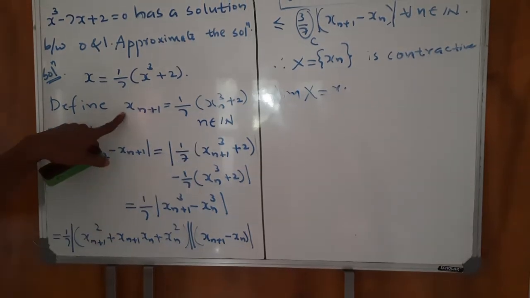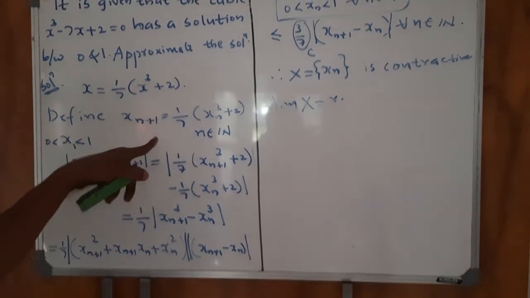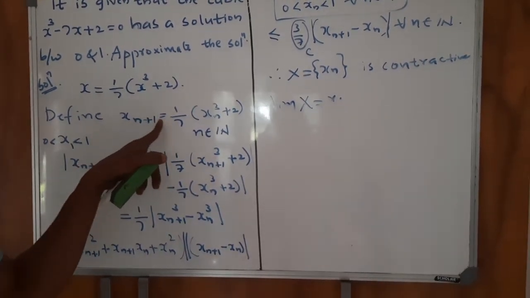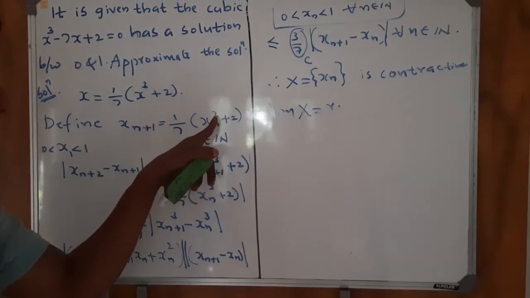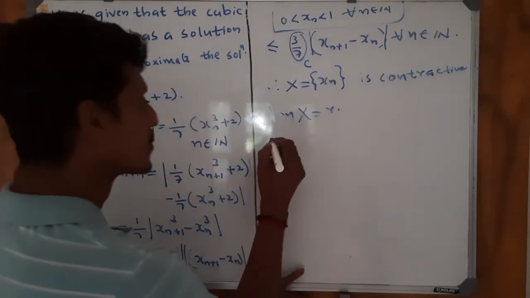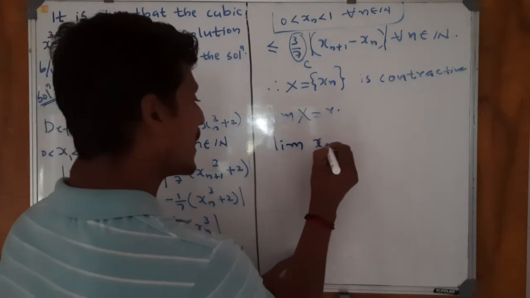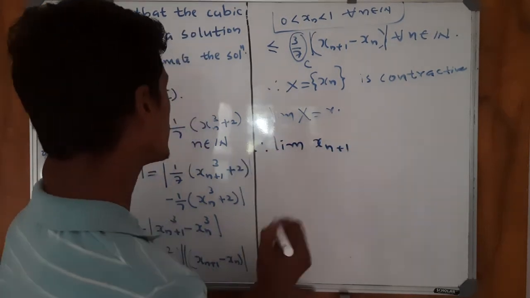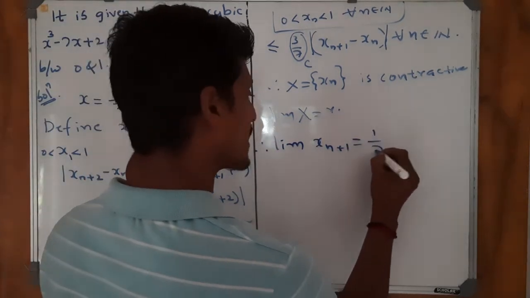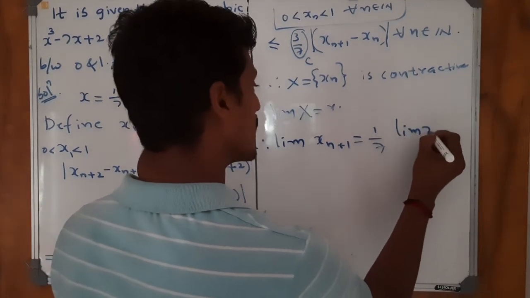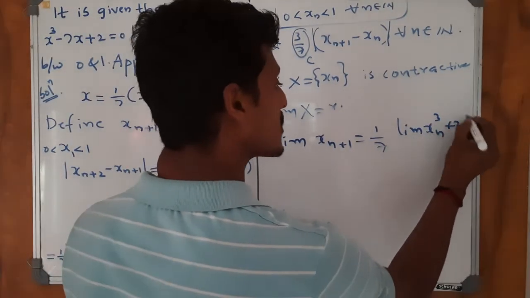So passing to the limit on both sides of this equation, xn plus 1 equal to 1 by 7 into xn cube plus 2, we have limit xn plus 1 is equal to 1 by 7 into limit xn cube plus 2.